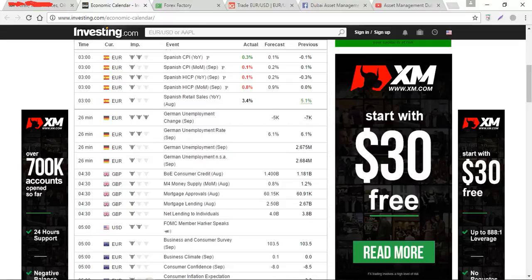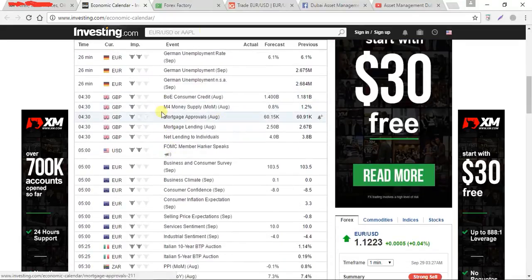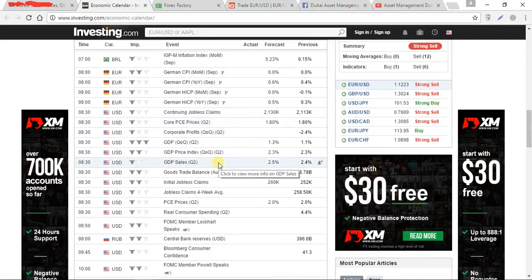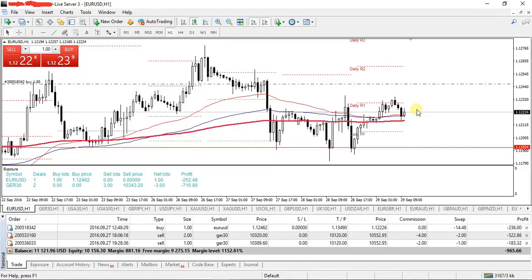And if you see the economic calendar, after this German data, later in the US session we have the GDP quarter 2. The previous was 1.11% and the forecast is 1.3%, and that is pretty good. And if it comes above 1.11%, like 1.2, 1.3, 1.4, something like that, then there is some risk in holding this long position of euro dollar.